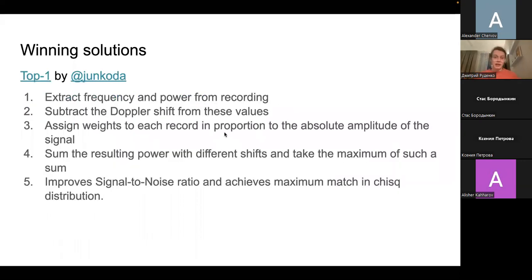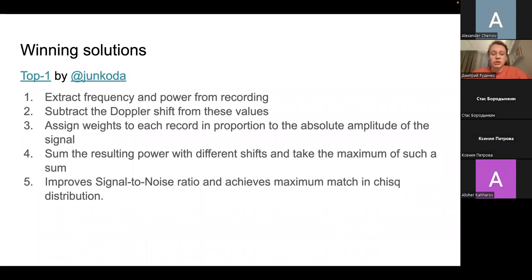But the first place solution is even easier, and it's genius. The author just extracted frequency and power from every recording, just statistics, no real recordings.